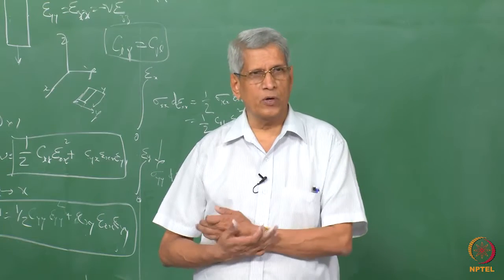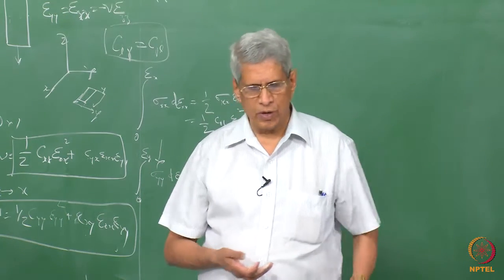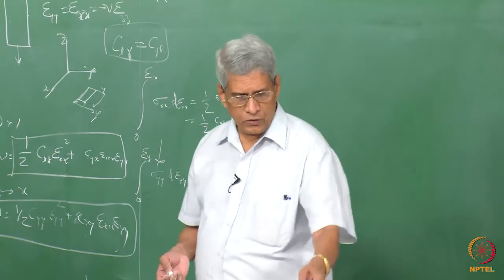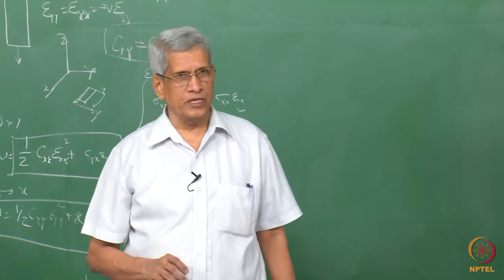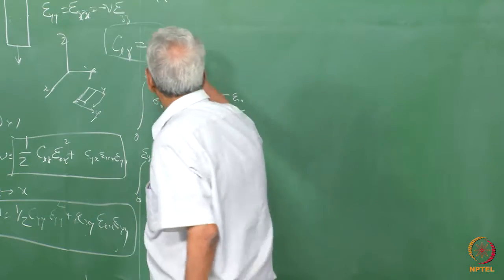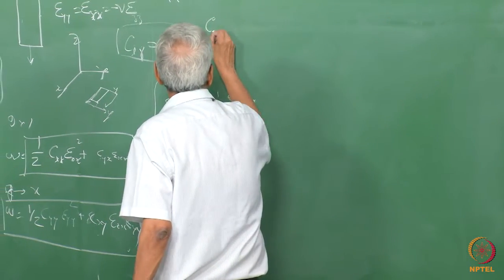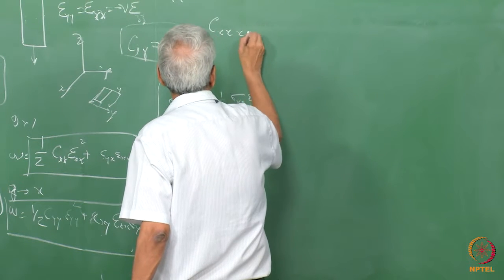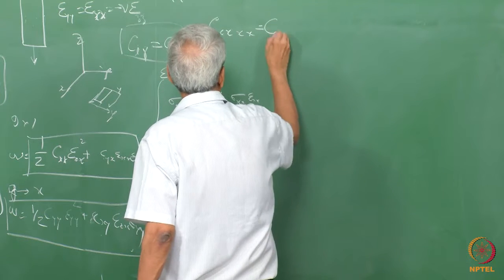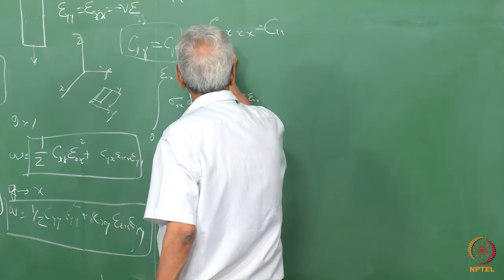The number of components will be 21. In this one, the terminology which we have used, C11, actually means Cxx xx, so this is for xx equal to C11.